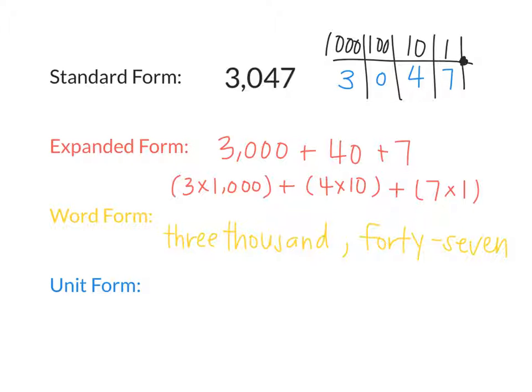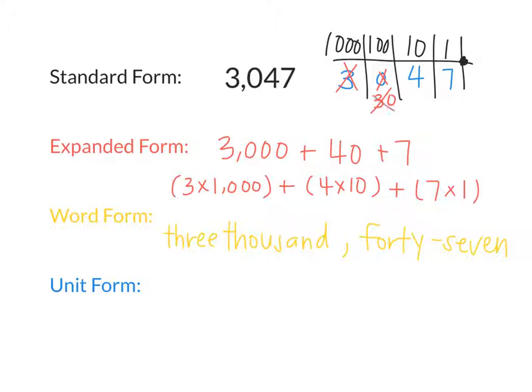Yes? I could also think of it as 30 hundreds. Can't I? Right? Or I could think of it as 304, what? Tens, huh? Or I could think of it as 3,047 ones. So I could think of this in many different ways in units because we know that 3,000s is really the same as 30 hundreds, right?